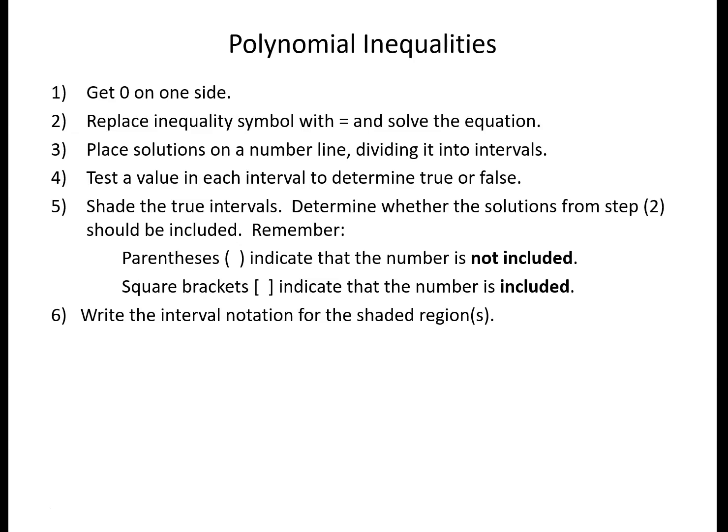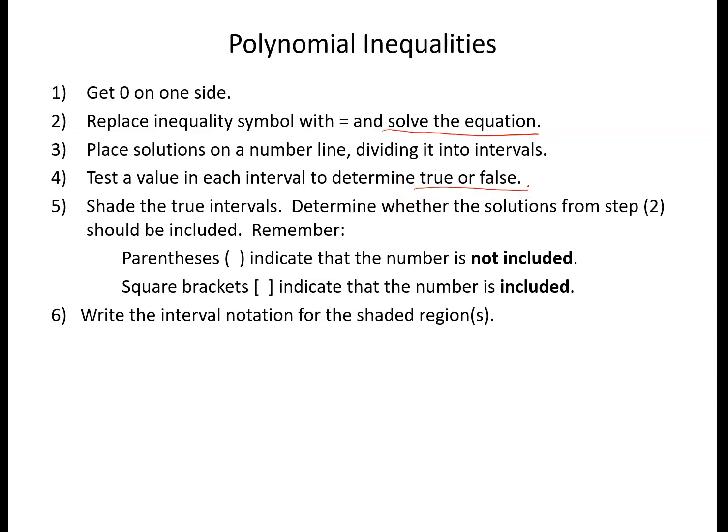So step 1, get 0 on one side. Step 2, replace the inequality symbol with equals and solve the equation. This part, solve the equation, is going to involve using methods that we have been learning along the way. Step 3, place solutions on a number line, dividing it into intervals. Step 4, test a value in each interval to determine true or false.